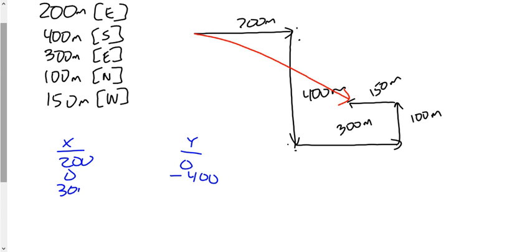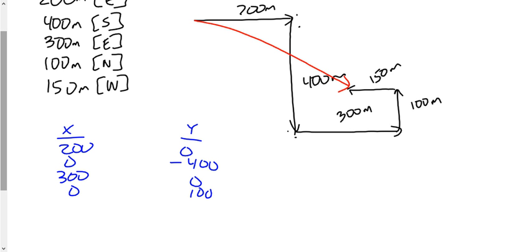How much of it's y? 0. 100. How much of it's x? 0. How much of it's y? 100. Next one, 150. How much of it's x? Good. Negative 150, and 0 of it is y, of course. 200 plus 300 is 500. Subtract 150 is 350. And the second one, negative 400 plus 100 gives me negative 300.